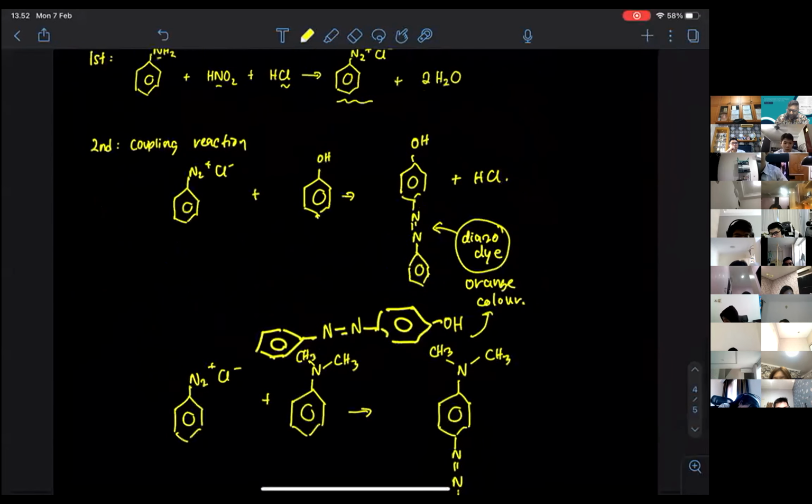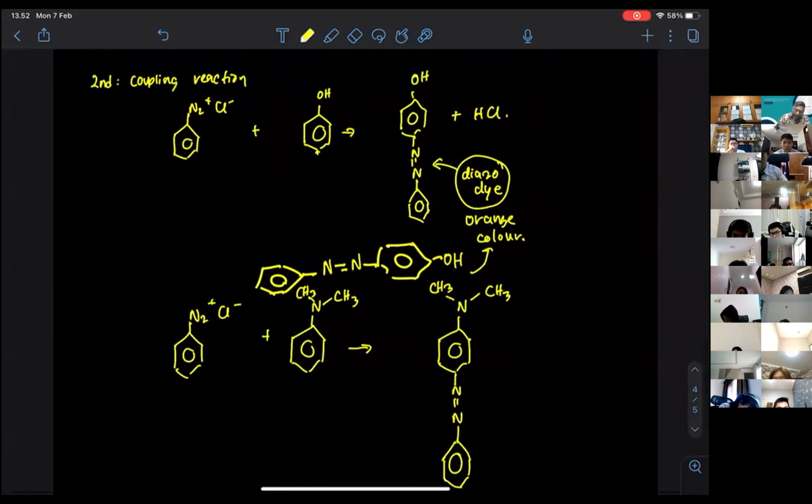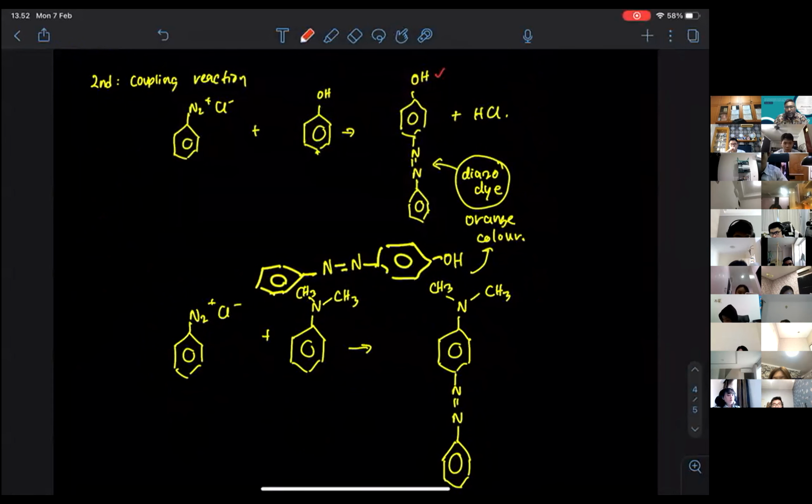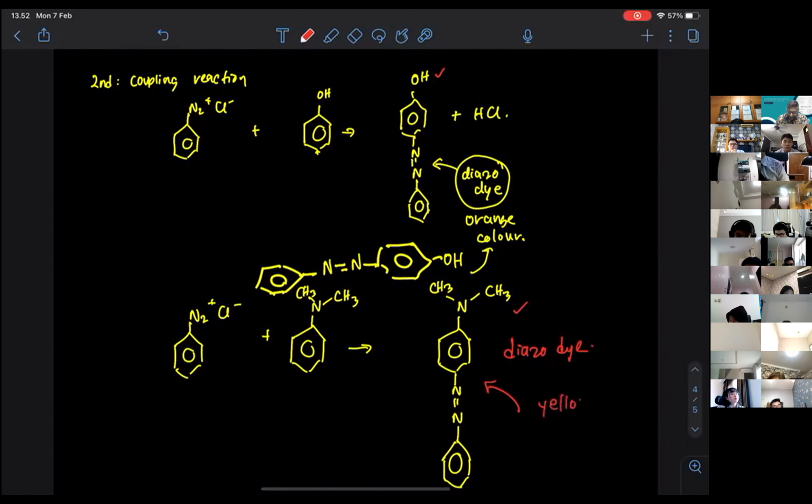The difference is that the earlier one ended up with OH, but here it ends up with some other group. So if you have different groups attached, it is still a diazo dye, but because different groups are attached, the color is going to be yellow.